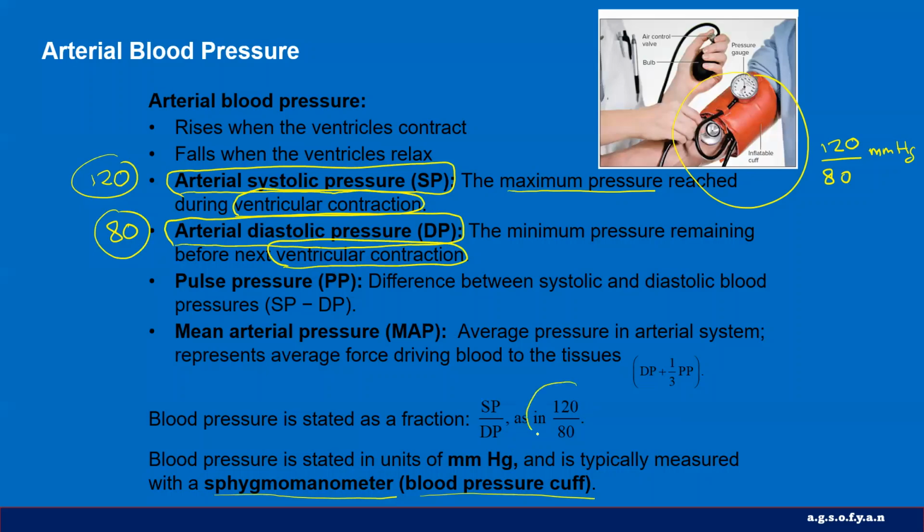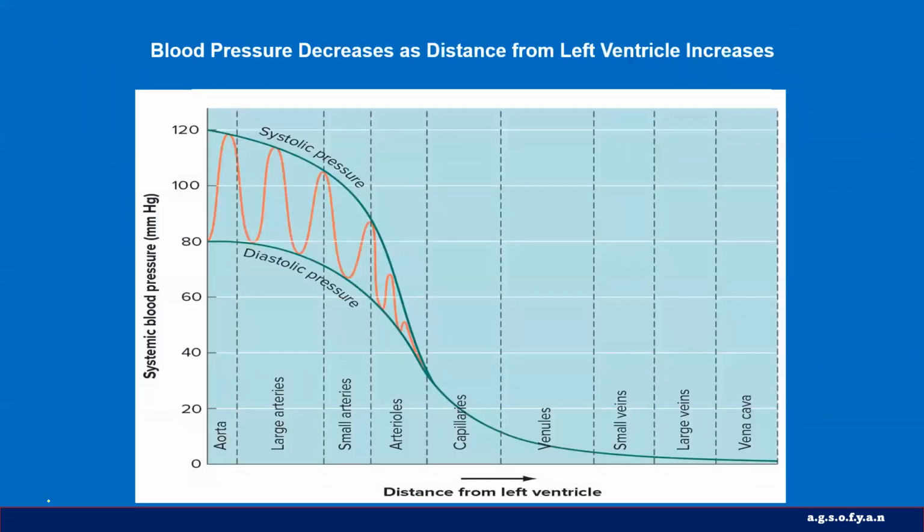So when we measure it, this is the average number measured from healthy persons. If you see these diagrams, the highest pressure will be here. This is what we call the systolic pressure.